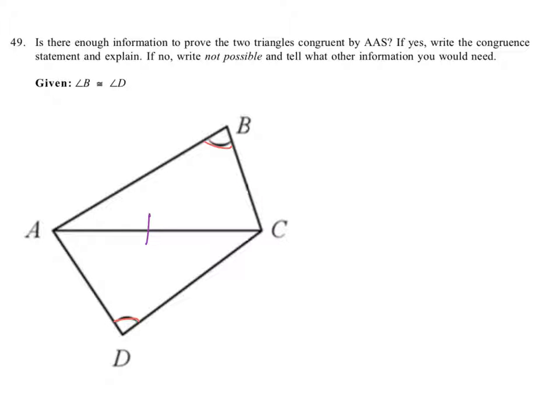Well, if we're using angle, side, then if we found this angle and this angle, we would just have angle, side, okay? If we found this angle and this angle, we would still just have angle, side.